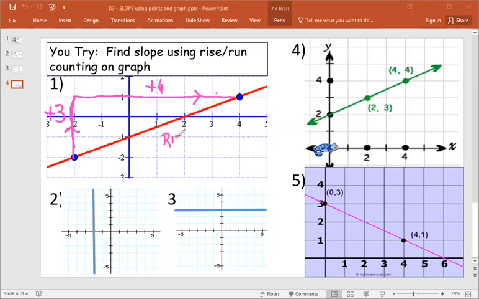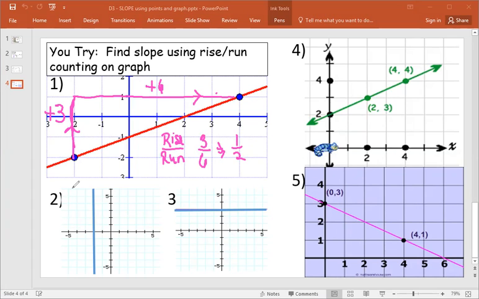So rise over run, positive 3 over positive 6 is the same as 1/2, positive 1/2.